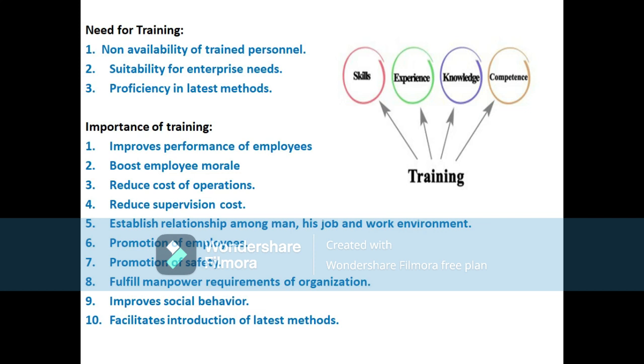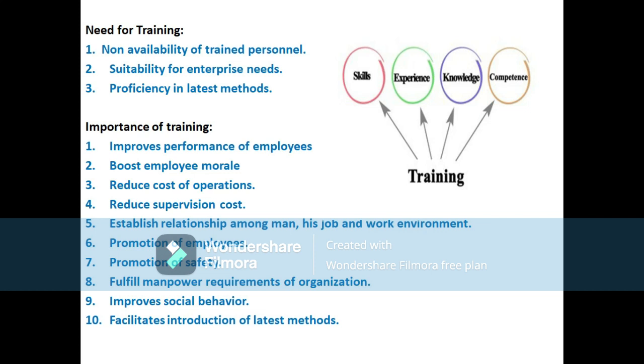In the absence of training facilities in the latest developments and methods, workers of the enterprise might face the danger of getting out of touch with the latest methods. The adoption of old methods results in increasing administration expenses and other expenses. Therefore, it would be very difficult to survive the competition. So, adequate training is essential in latest methods.